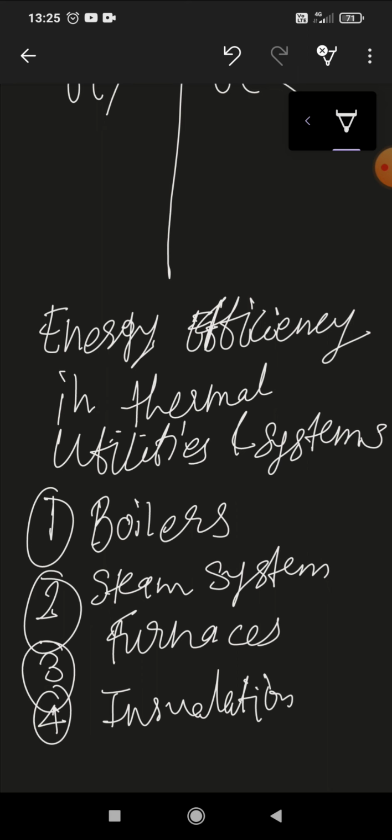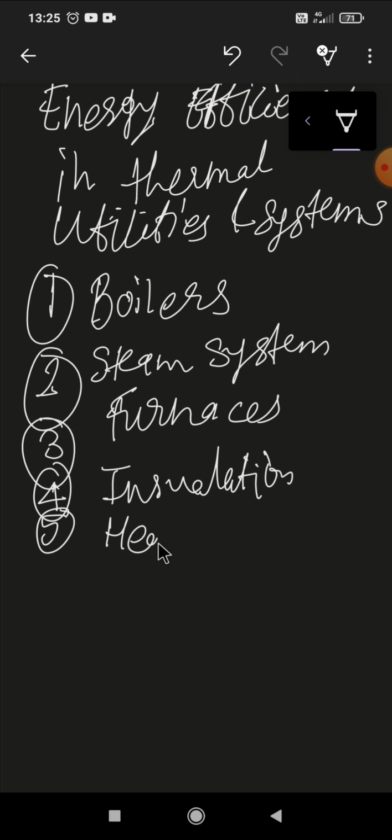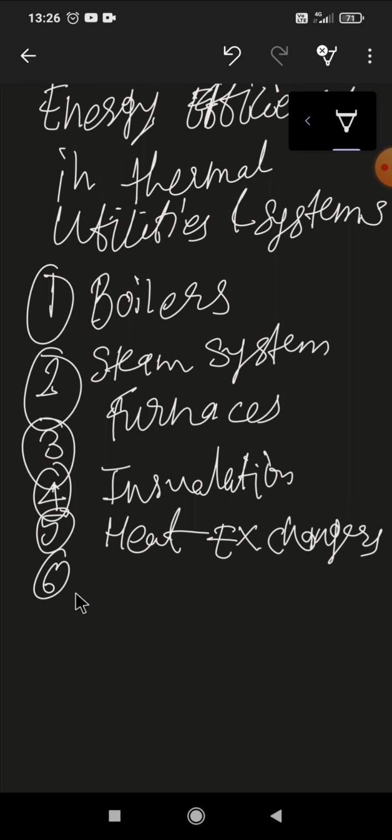There we also saw the economic thickness of insulation, ETI, beyond which insulating makes no sense, and also refractories, and how we can save energy in them. The fifth is heat exchangers. There we saw pinch analysis and how to save energy, and also various types of heat exchangers, such as the shell and tube type.